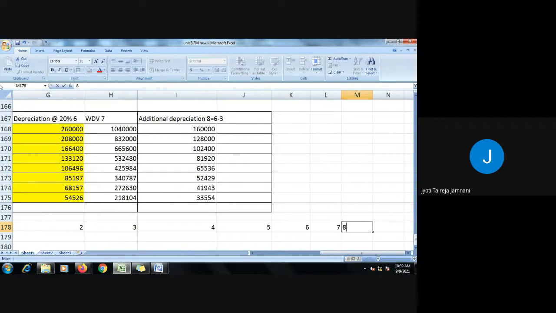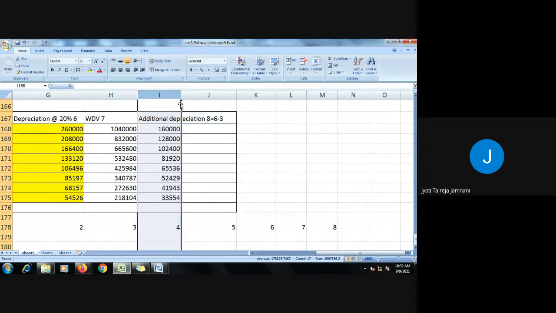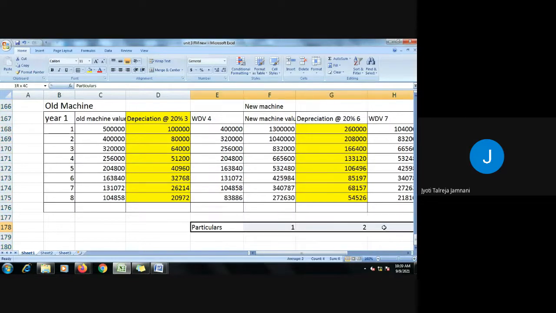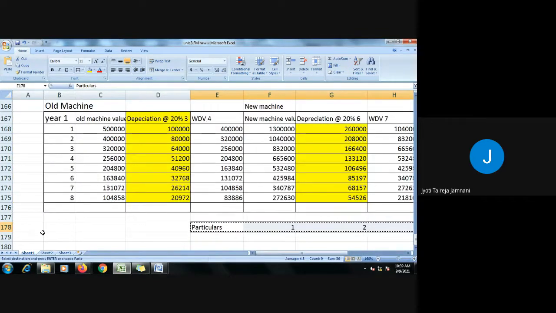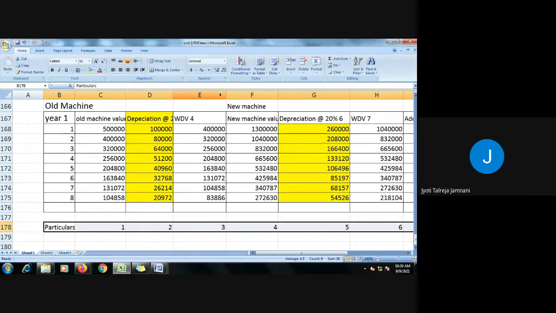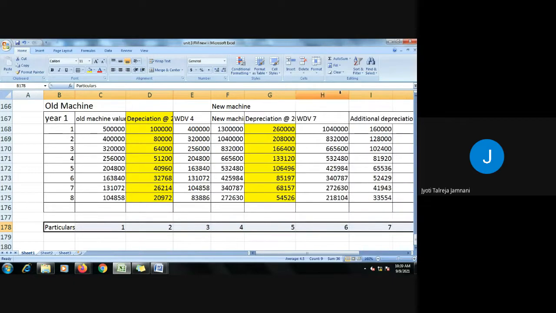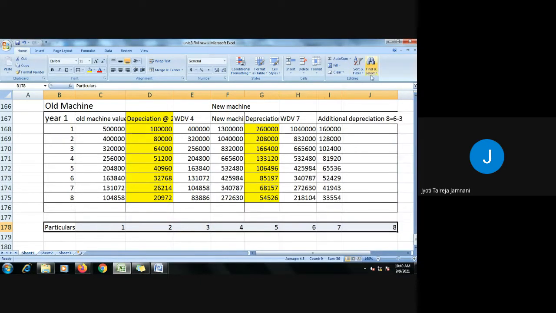Till 8 years, we are going to determine it. All the 8 years should be visible. I'm trying to do that. Just a minute.